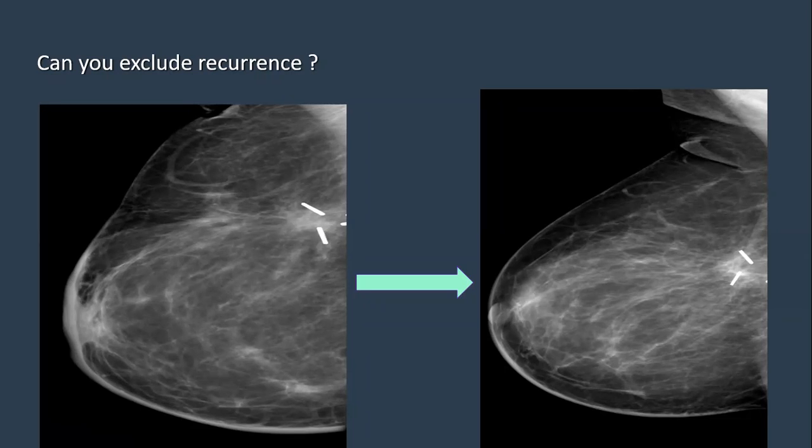And if the patient develops coarse calcifications at the site, I have one case I will show you later. How are we going to analyze the follow-up case regarding the calcifications?